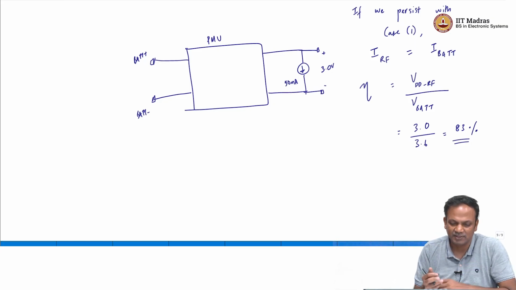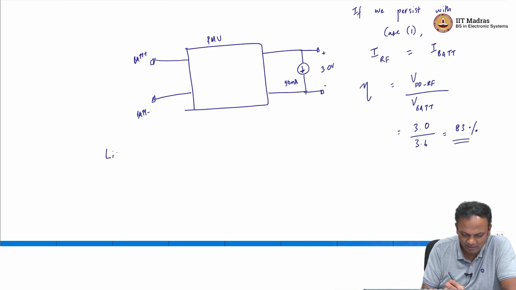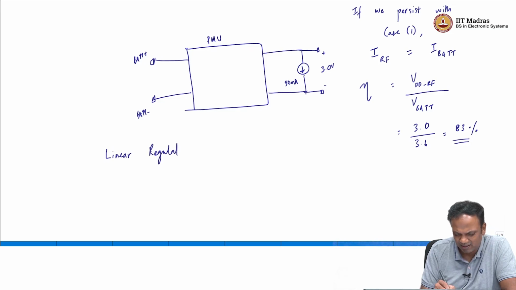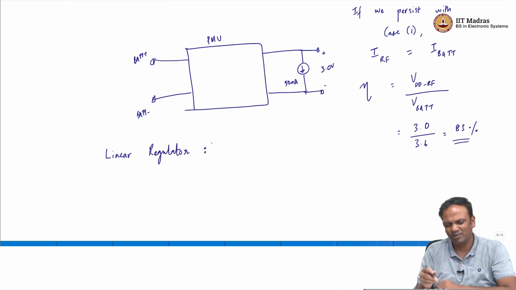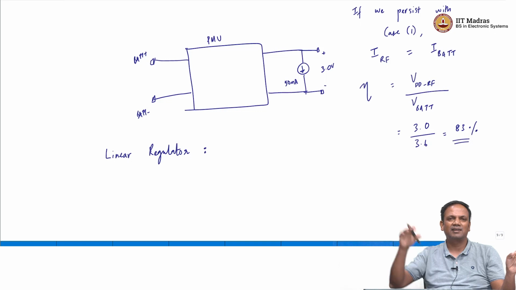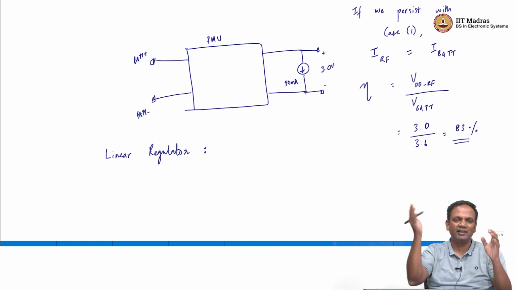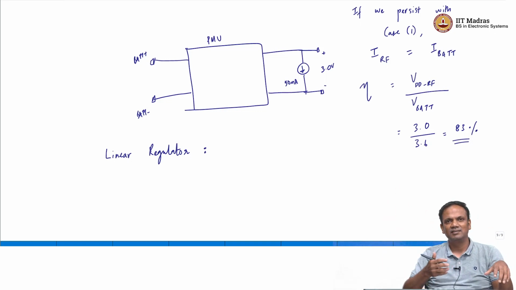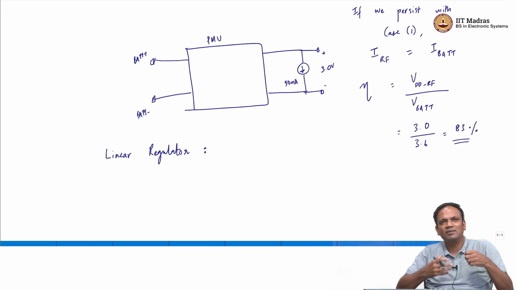A system of that sort is called a linear regulator. We will spend more time on this, but you can think of a linear regulator as follows: whatever current the block needs, that current is coming without any reduction from the battery. All that the linear regulator is doing is saying that somebody has to take on the voltage load.